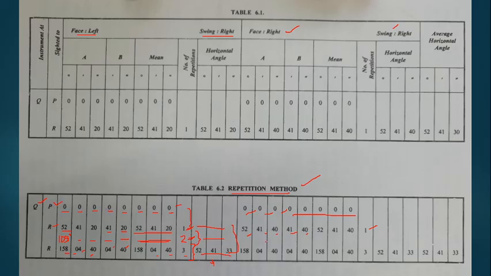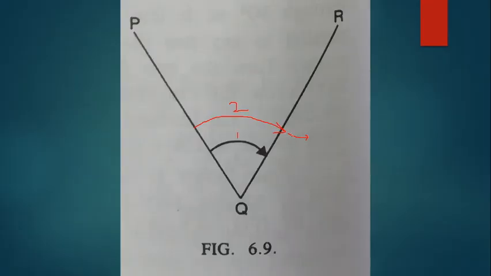So here in the tabular form the second repetition is not given, but we need to record it here. It may be around 105 or 104 degrees for this particular angle. And once recorded in the tabular form, we must release the lower clamp here and rotate the telescope back onto line QP, and for exact bisection you may fix the lower clamp and use the lower tangent screw.